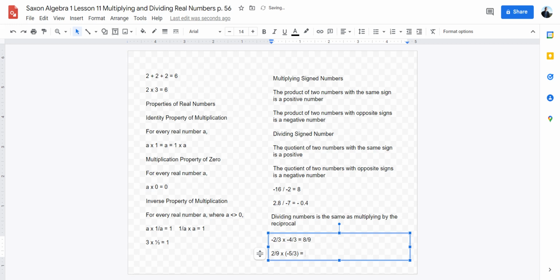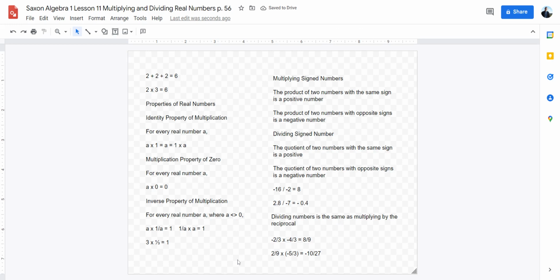Multiply the numerators. 2 times 5 is 10. And then in the denominator, 9 times 3 is 27. So I'm left with 10/27. That can't really be reduced in any way. But then I need to think about negative or positive. Because I multiplied numbers with opposite signs, I must have a negative number at the end, negative 10/27. And that is how you do this type of problem.